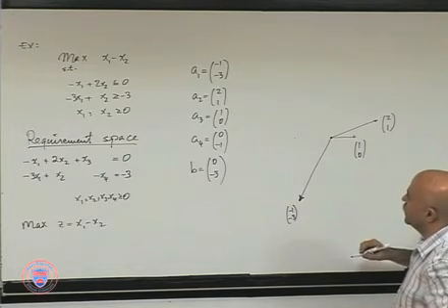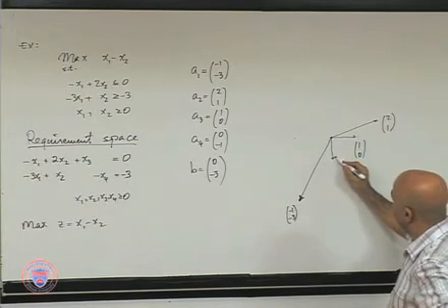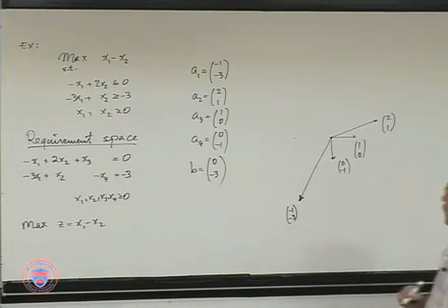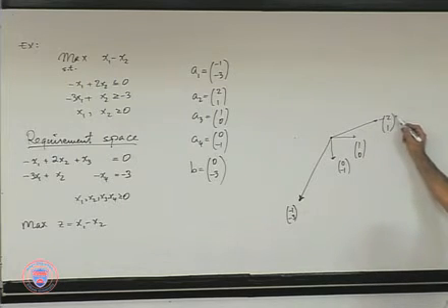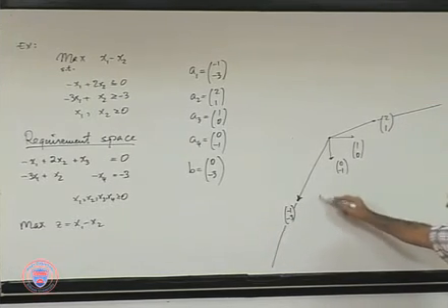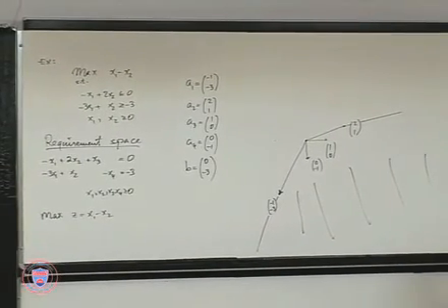And then we have 0, minus 1, which goes down. So my convex cone is what I see here. And where's my B?